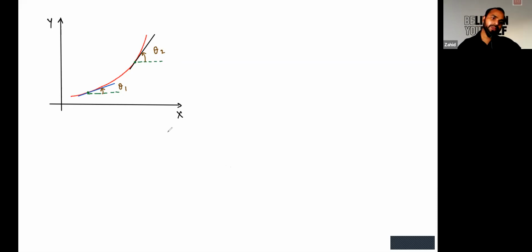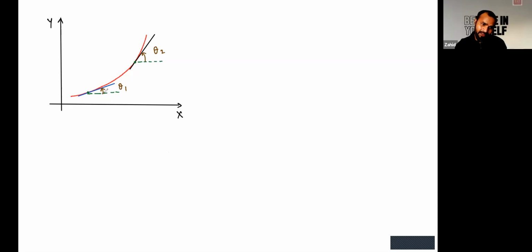Whether theta 1 and theta 2 are equal or not. No, sir. Which one is greater? Theta 1.